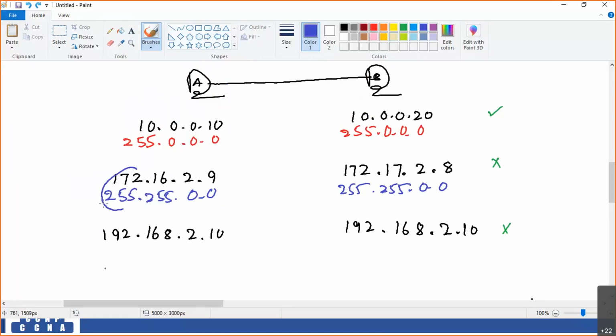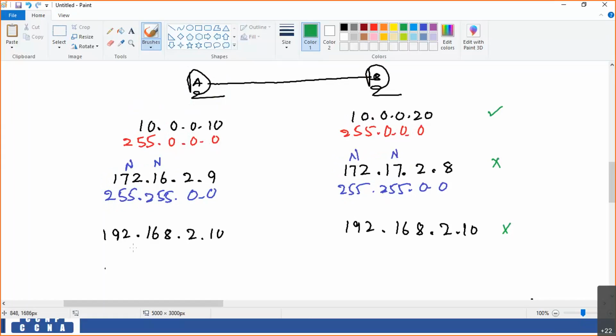First octet is network portion. Second octet is what? Network portion because of 255, 255. So 172.16 is the network portion. And a neighbor PC with 255.255 here is 172.17, right? So we are in different networks, we don't communicate.